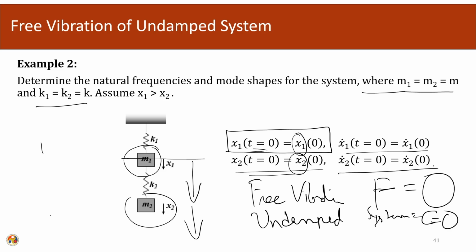There is an initial velocity and there is an initial displacement in the system. So, these are the initial conditions. The initial conditions can be any mix and match of the initial displacements and the initial velocities that will cause the system to vibrate. So, this is how the system is set up.